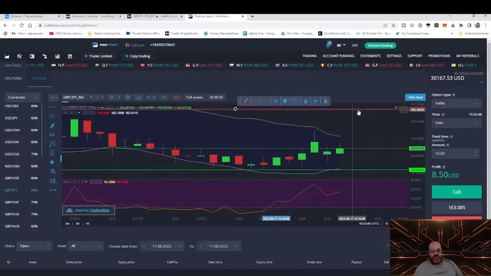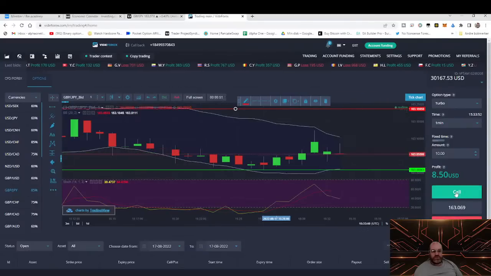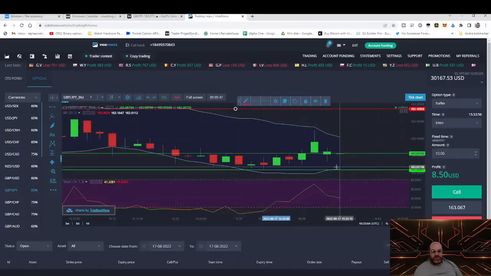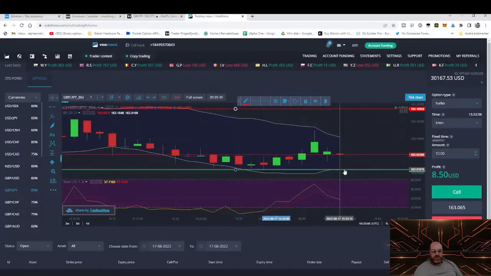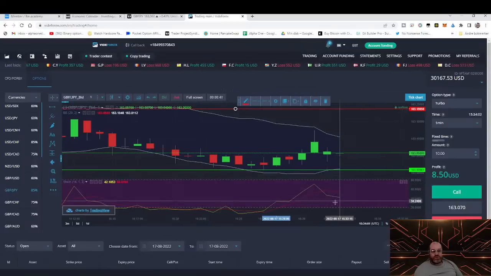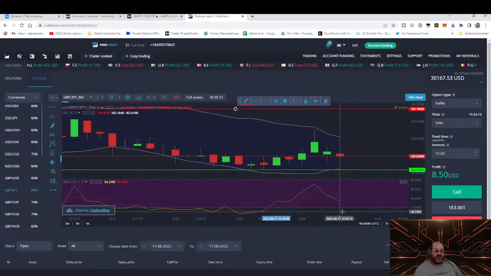So if you touch this line up here, we're going to take a put. If you touch this green line here, we take a call. But only if this Bollinger Band, this bottom line, is above this green line, so we get a tiny space at least. And the stochastic we want to have down here in the black area. So if you meet all these three criteria, then it's a trade. If not, we are not taking the trade.